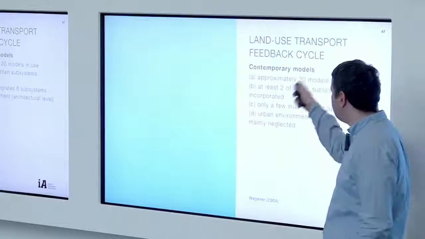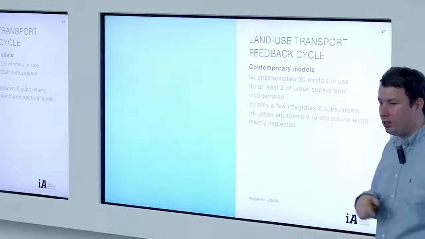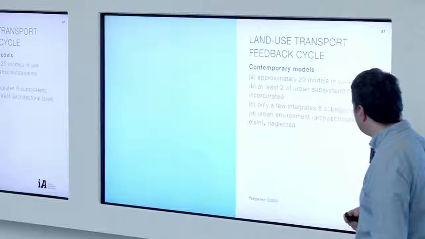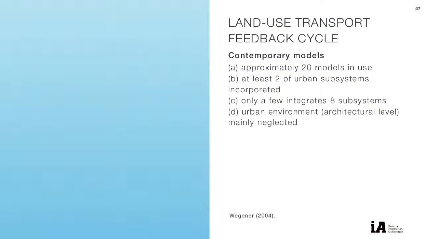At the moment, for urban simulation, for all this land use and transport connections, there exist just 20 models worldwide, basically. At least 2 urban subsystems are incorporated, and just a few of them integrate very holistic 8 subsystems.